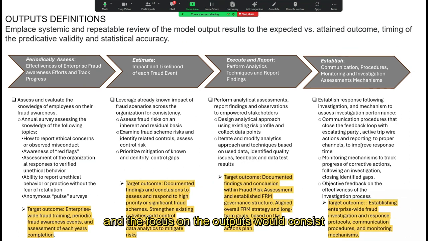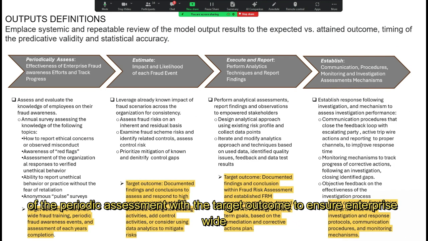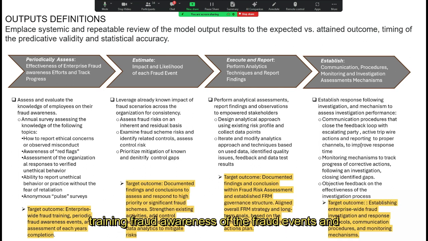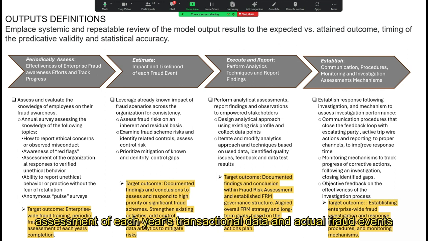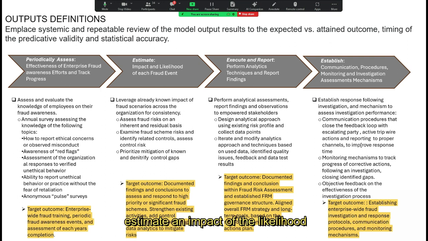And the focus on the outputs would consist of periodic assessment with a target outcome to ensure enterprise-wide training and fraud awareness of the fraud events, and assessment of each year's transactional data and actual fraud events, an estimate of the impact and the likelihood, and the target outcome would be to document these findings and conclusions and to strengthen the existing activities.